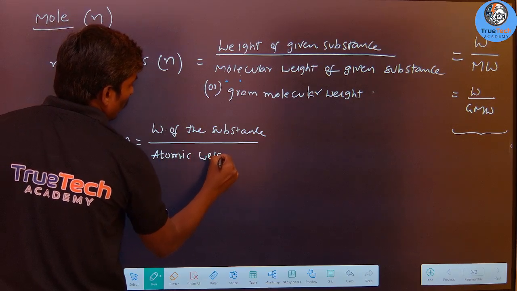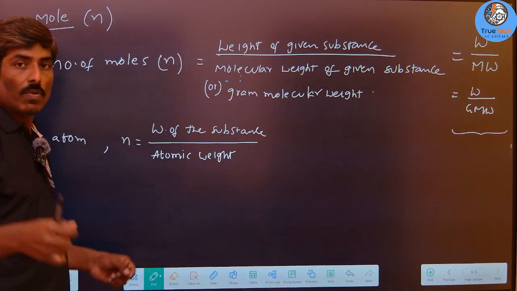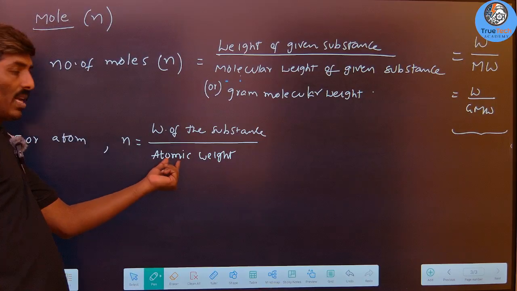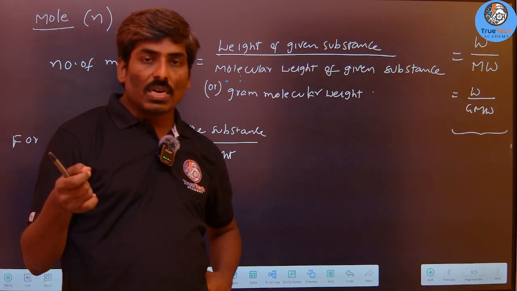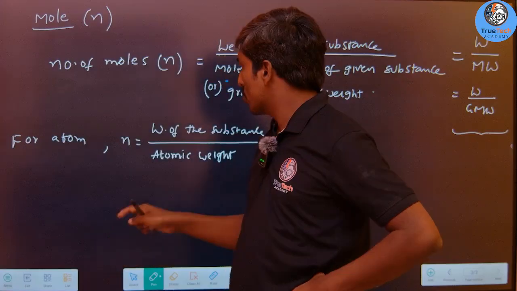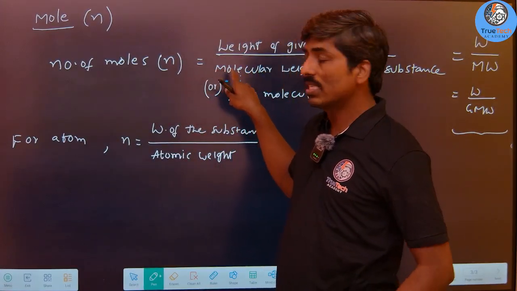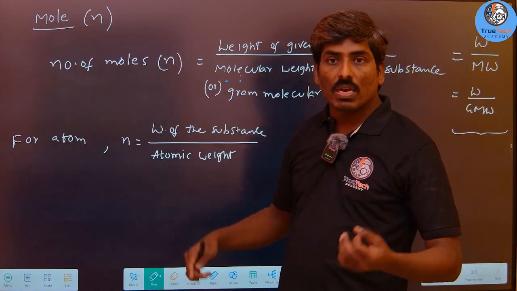Instead of molecular weight, here we take atomic weight because the given compound is an atom. When the molecule is the given compound, we take molecular weight.